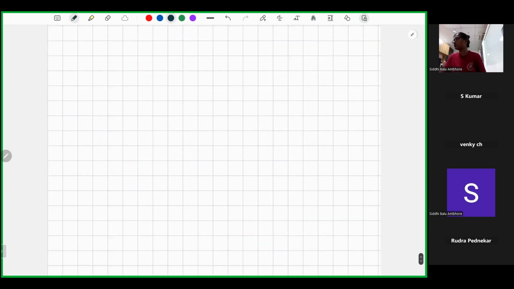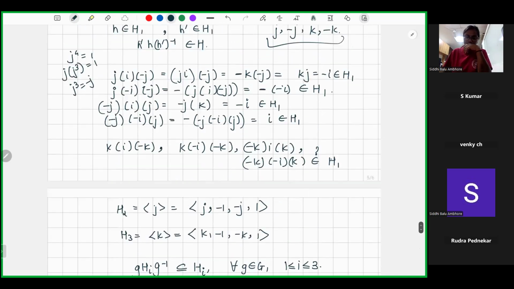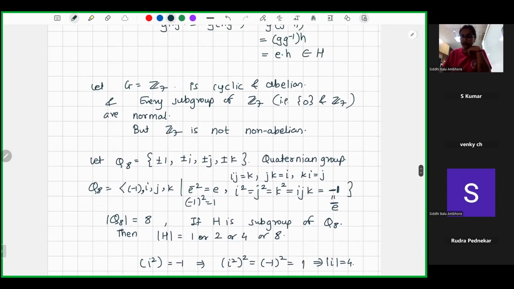Let us move to the next question. So this example shows that A and B are not correct. And this gives a group which is not abelian, and therefore shows that C is not correct.